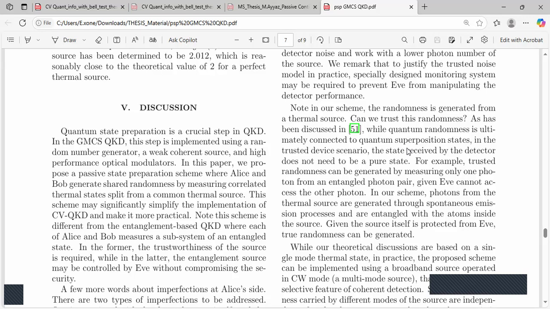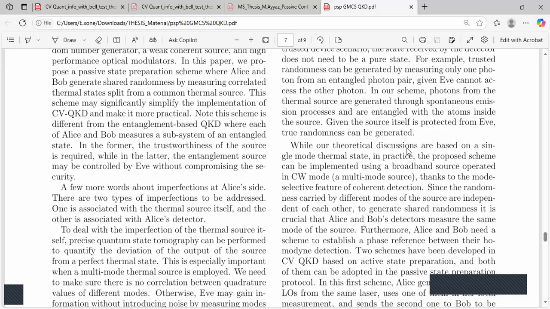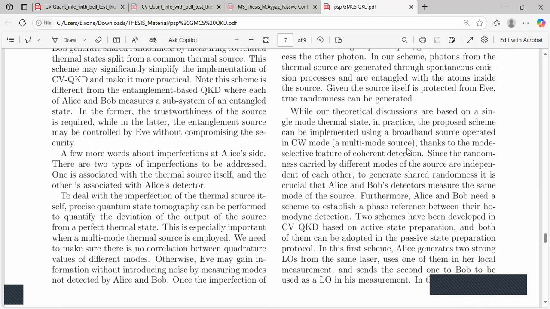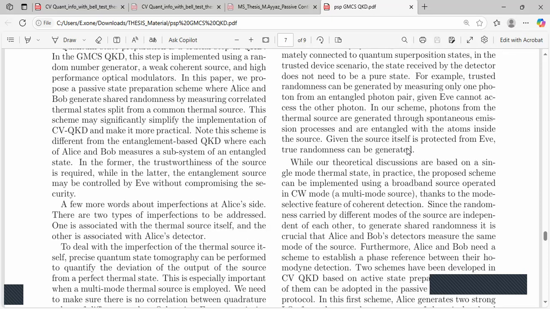These kinds of assumptions should be taken into account in future work for the passive state preparation scheme.